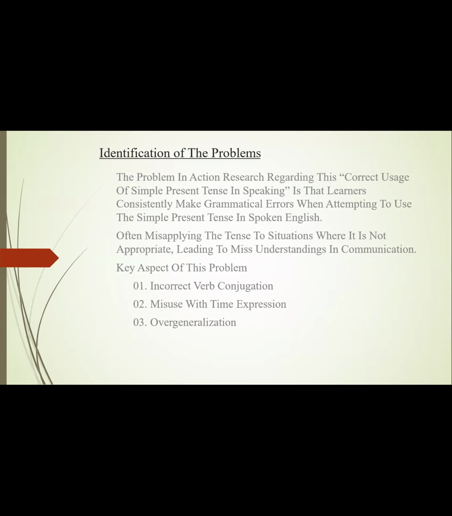Key aspects of this problem: incorrect verb conjugation, misuse with time expressions, overgeneralization. Overgeneralization is a common mistake that learners make when they apply a rule too broadly. In the case of the simple present tense, overgeneralization happens when learners wrongly apply the rule of verb conjugation to all subjects without considering exceptions or irregularities. Next slide, ma'am.